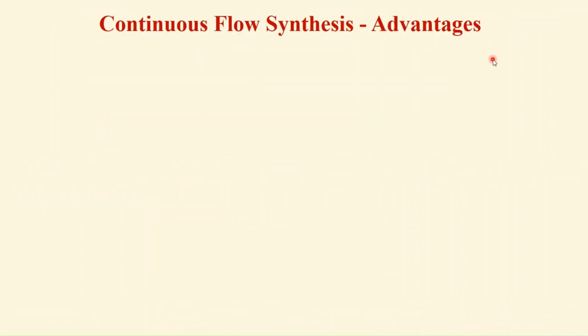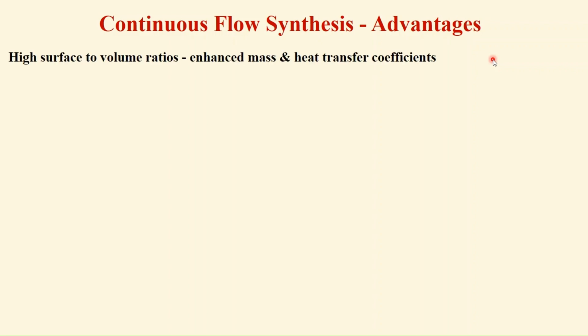Let us summarize the advantages of this continuous flow synthesis. As we have already seen, it has a high surface to volume ratio, which is attributed to the tube system technology, where there is a large surface area and the ratio between the surface area and the volume is very high, which ensures enhanced heat transfer and also mass transfer.